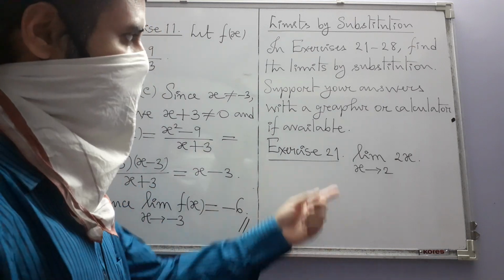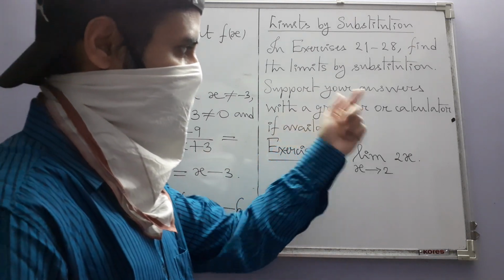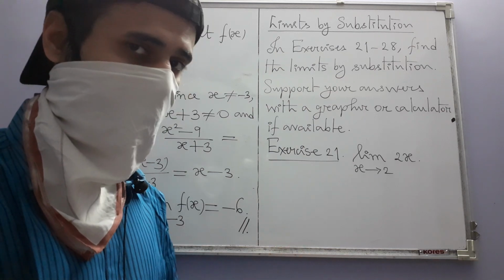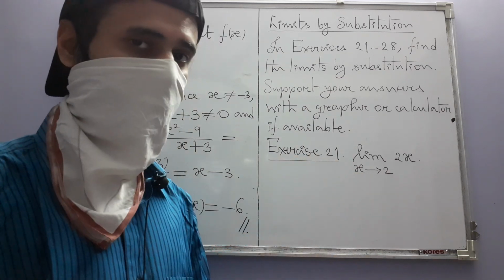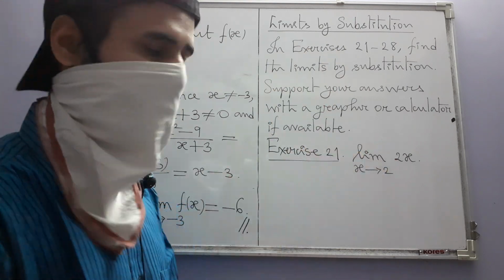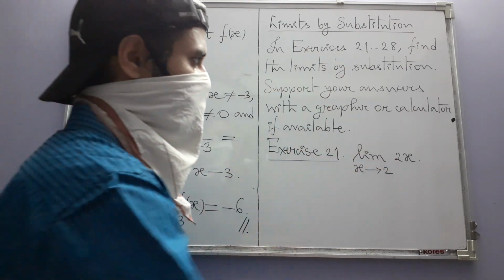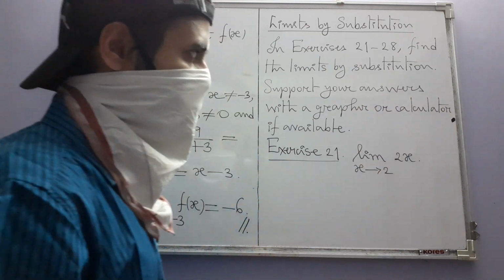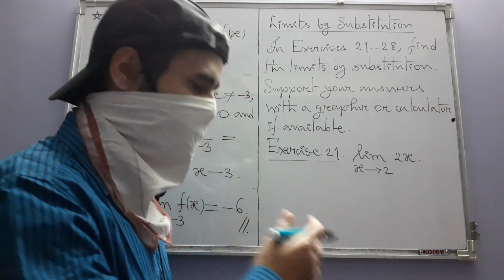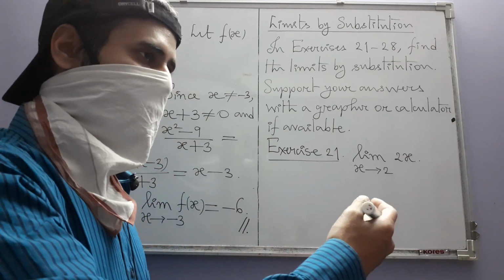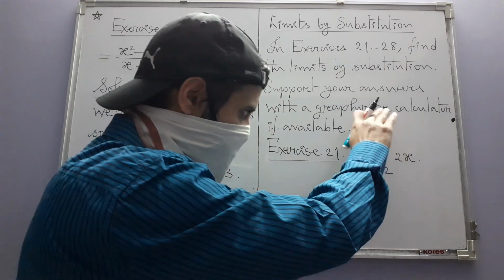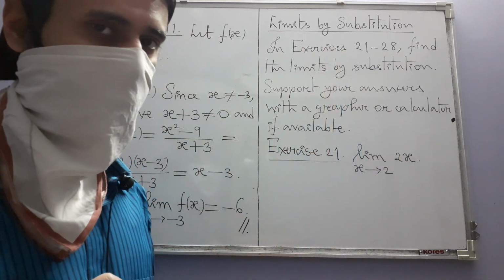To see that, you either draw the graph of this function and then see what is happening near x equal to 2, that is, what happens to the y values or 2x values, or you take a calculator and make some tables where you take x values close to 2, on this side of 2 and also on that side of 2, and then you see what happens to the 2x value.